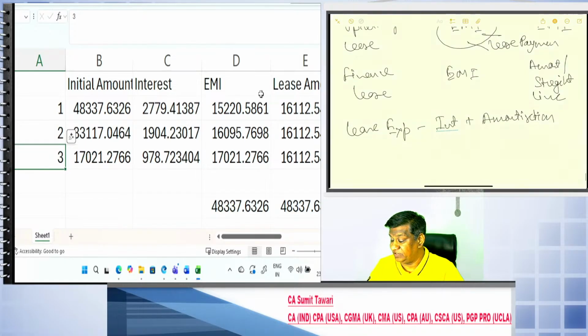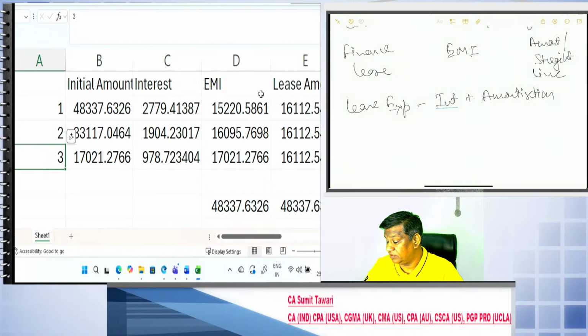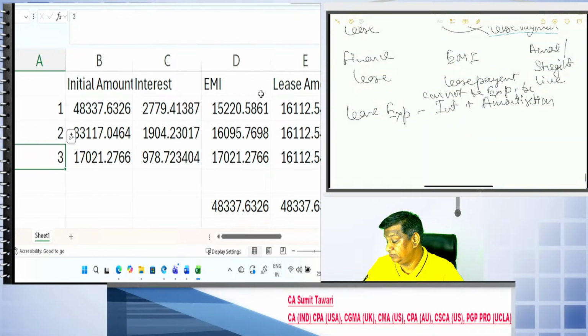But in finance lease, the lease payment cannot be the expense. It is more or less the expense because of straight line amortization, in a finance lease.